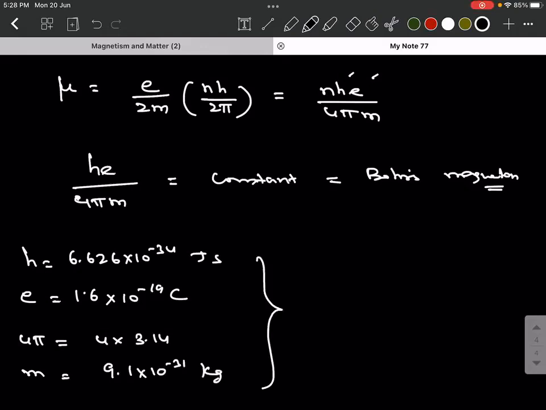By substituting all these values, the Bohr magneton comes out to be 9.27 into 10 power minus 24 ampere meter square.